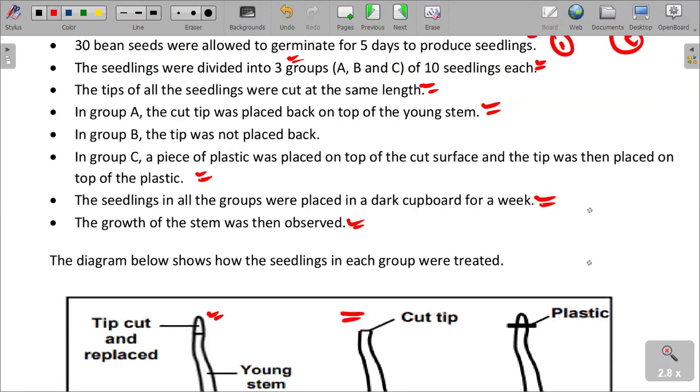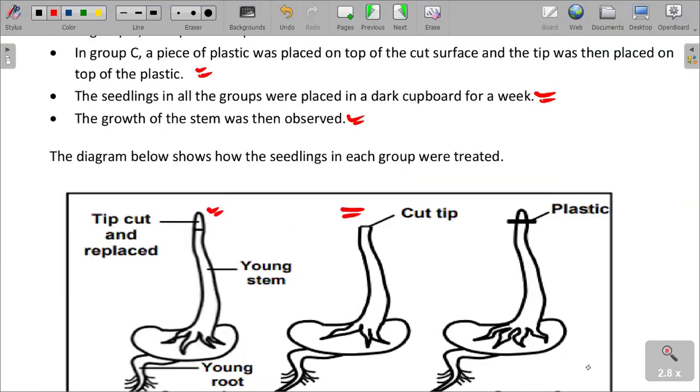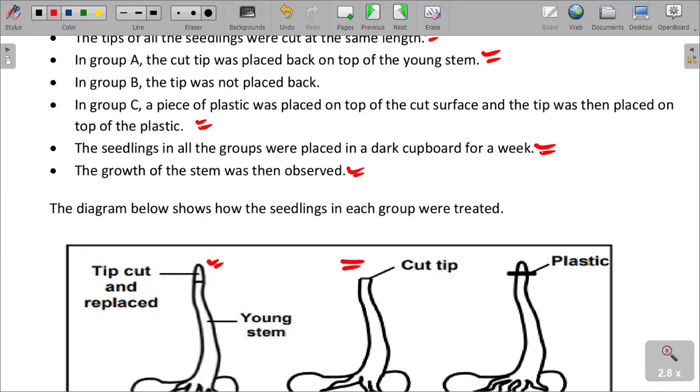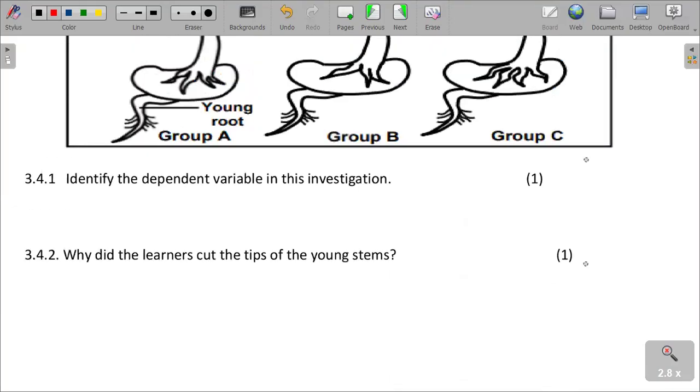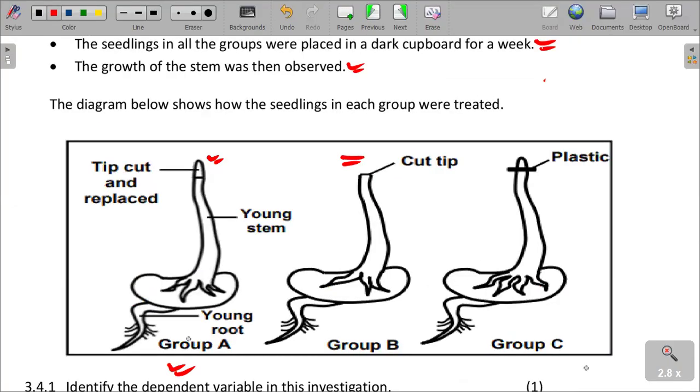Auxins are affecting the growth of stems. So the auxins are independent, and the stem is dependent. The growth of stem is what is dependent, because we are looking at auxins versus stem growth. Auxins are affecting the growth of stem, so auxins are what is independent.